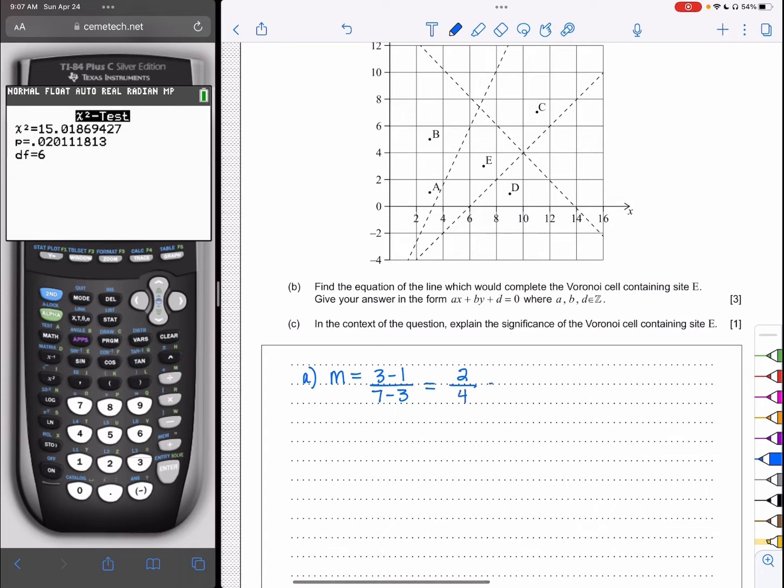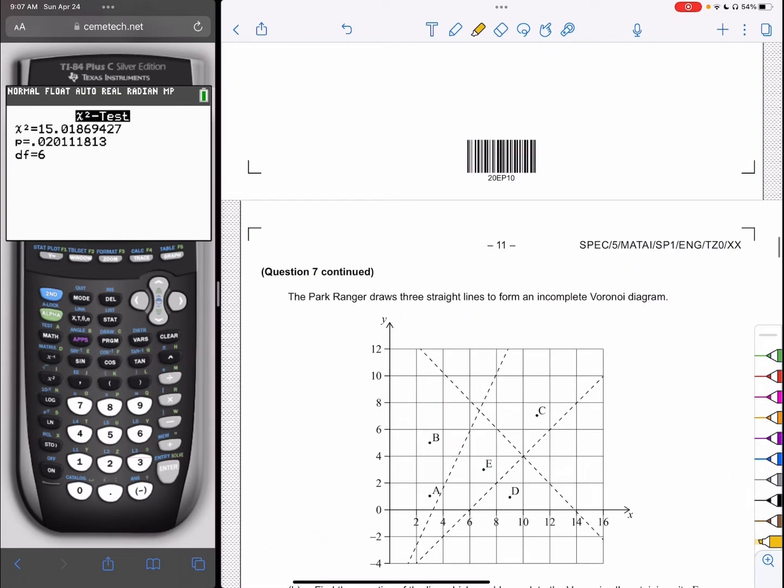You can leave it like that, or you can simplify it to 1/2. So that's the gradient of AE.